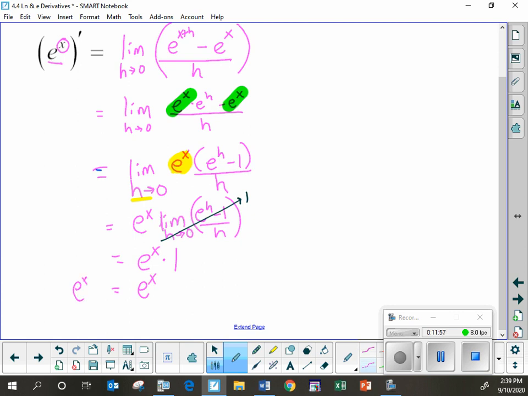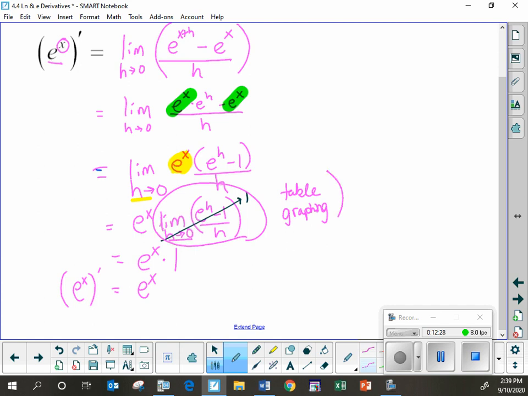If you look in the textbook, under this section, you will see them talk about this particular limit, and they just established that it does go to 1. They provide a table and a graphing, a picture to show that indeed as I head to 0, this limit does go to 1.